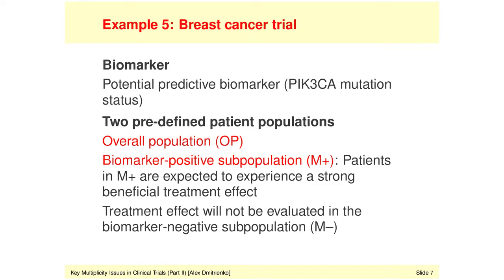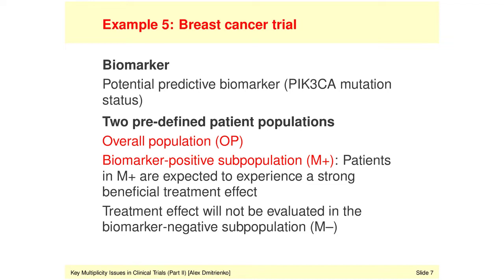We will also refer to this subpopulation as the target subpopulation or biomarker positive subpopulation M plus. An effectiveness claim can be formulated if a beneficial treatment effect is established within the subpopulation.